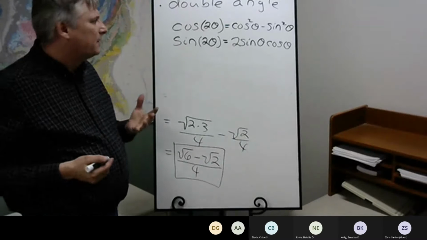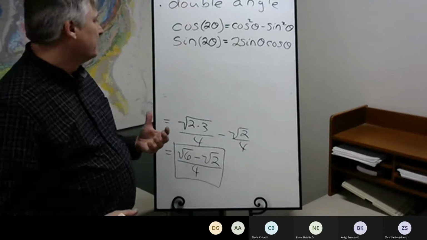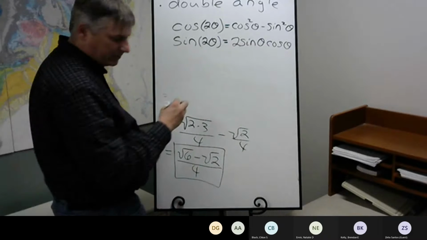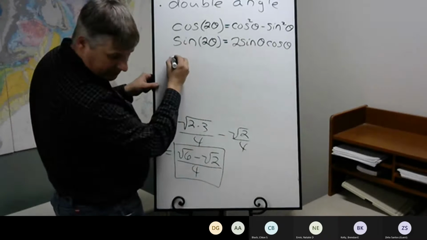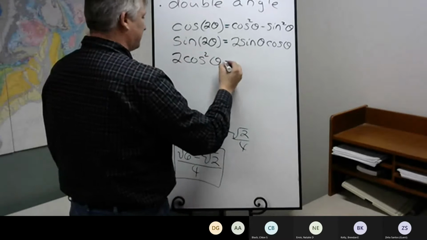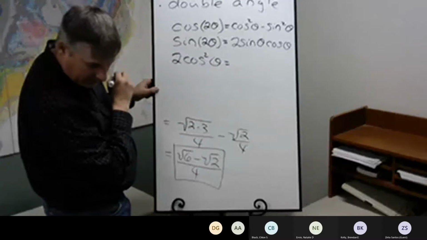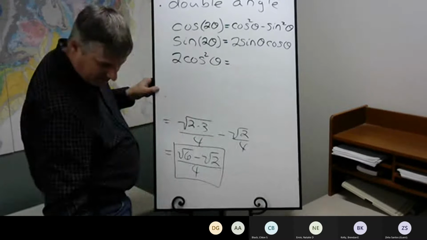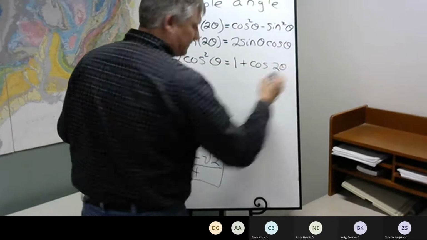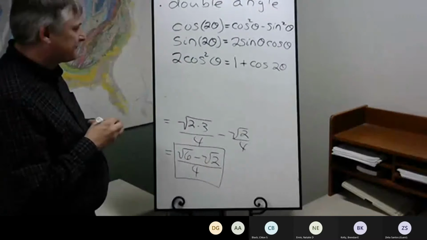There's a couple others that are going to be really useful, and this is what I'm going to be getting at about that power reduction. We also have 2 cosine squared theta equals 1 plus cosine 2 theta.